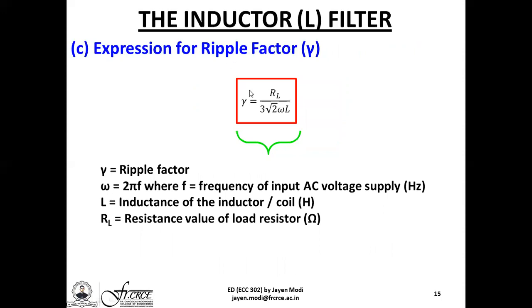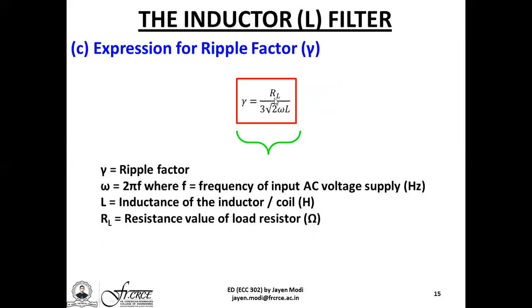Ripple factor gamma for an inductor filter is given by gamma is equal to RL divided by 3 root 2 into omega into L. If you look at this equation, with the supply frequency being constant, the inductance being constant, and 3 root 2 of course being a typical constant term, gamma is directly proportional to RL.